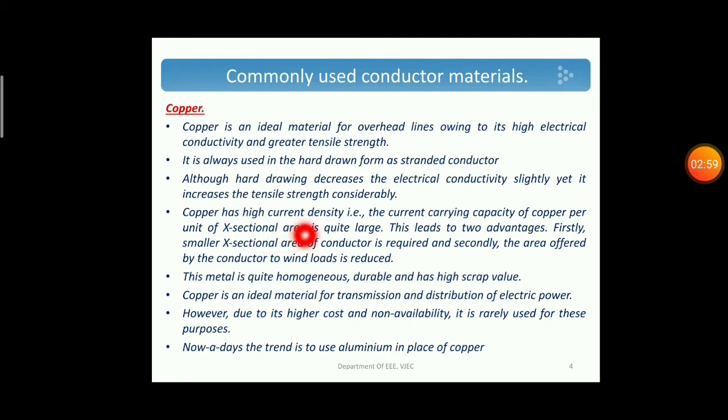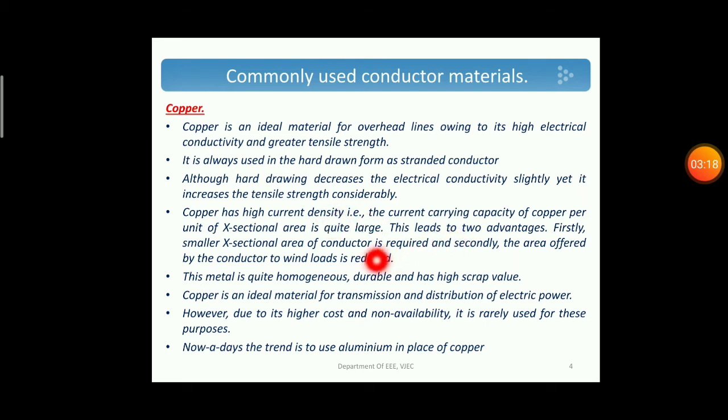Copper has high current density. So, for a particular value of current, the cross-sectional area required is very small.